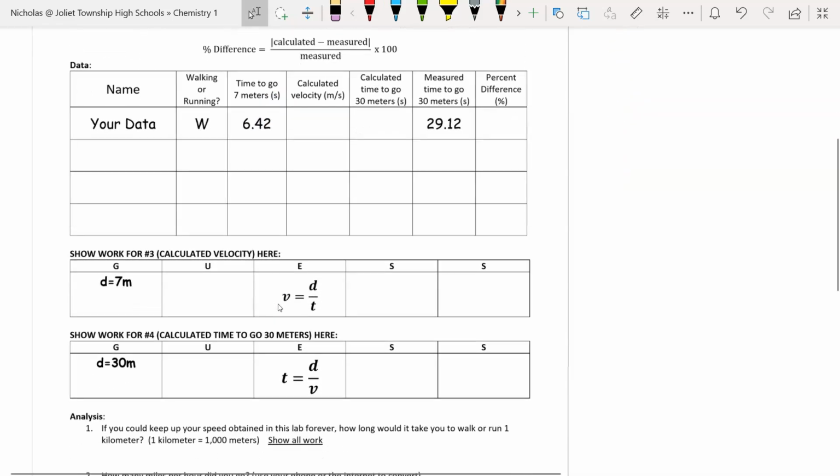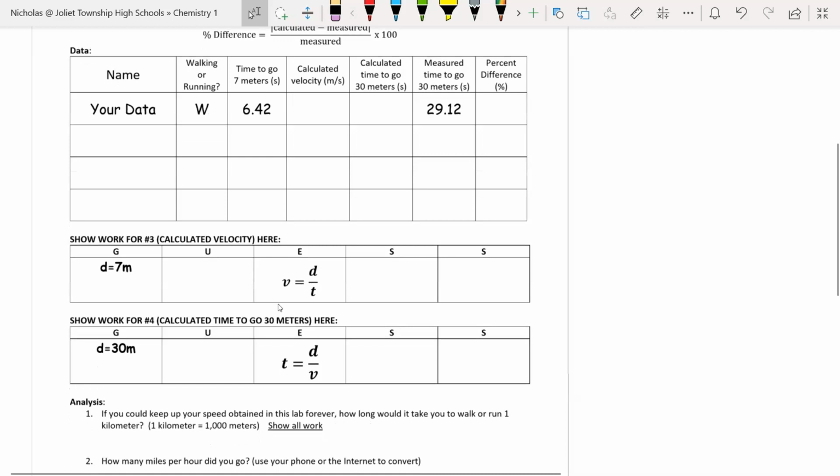Down here at the bottom, the distance that we're traveling is 7 meters, and the time was 6.42 seconds. Like I said, we are trying to figure out our speed or velocity, so our unknown is going to be the letter V. At this point, it's just simple substitution, so V is equal to D, which is 7 meters over 6.42 seconds.